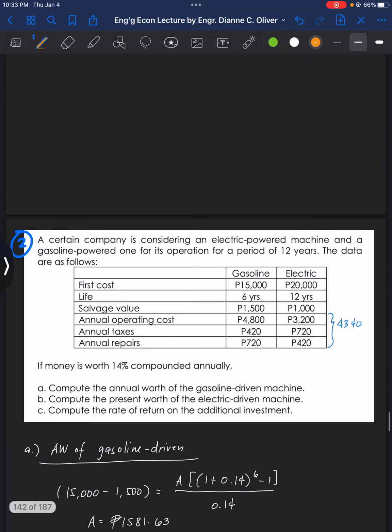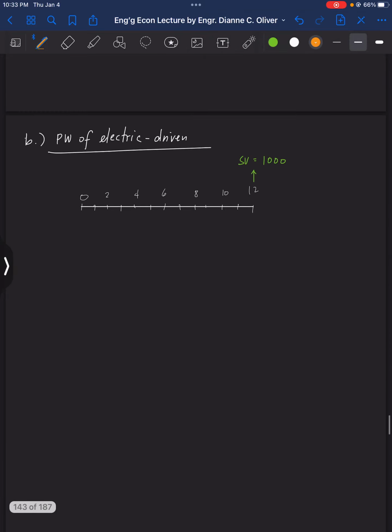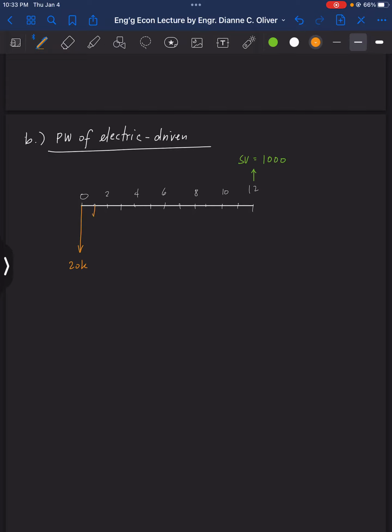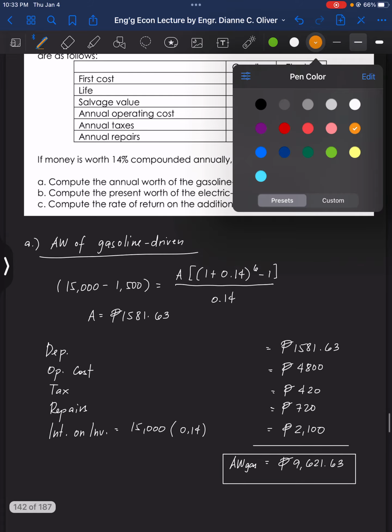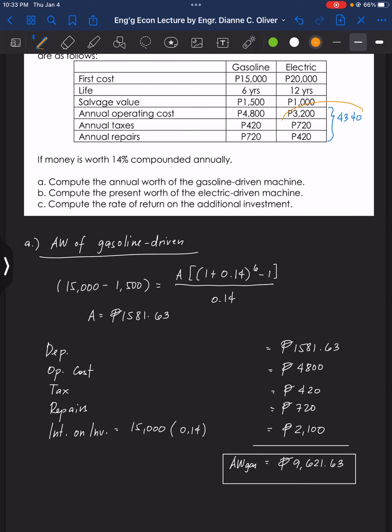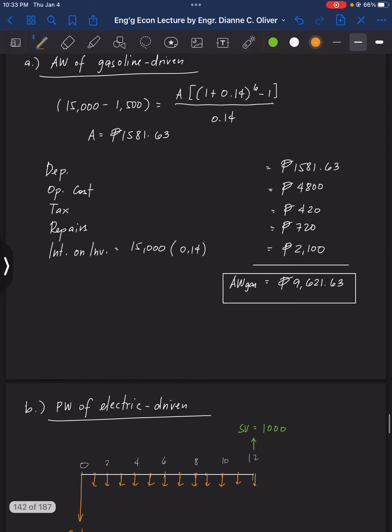The first cost is 20,000. For the annual operation and maintenance on the taxes, so this is 4,340.